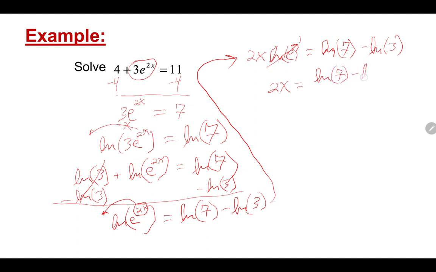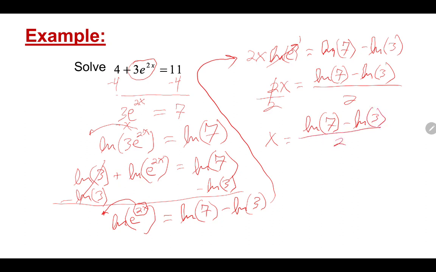It doesn't really matter. Calculator doesn't care. And I would divide by 2 to get the x by itself. So x is equal to ln of 7 minus ln of 3, all divided by 2.